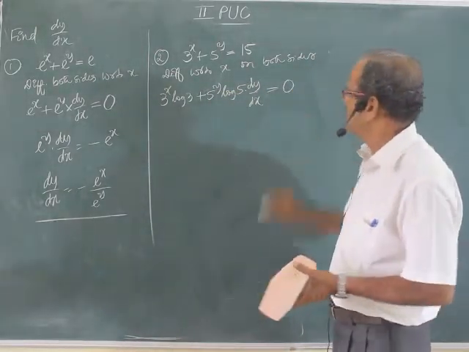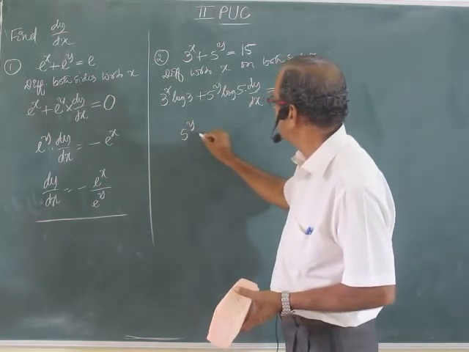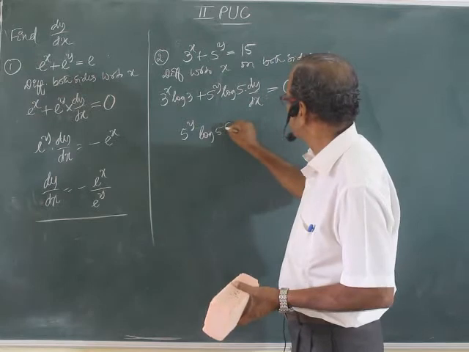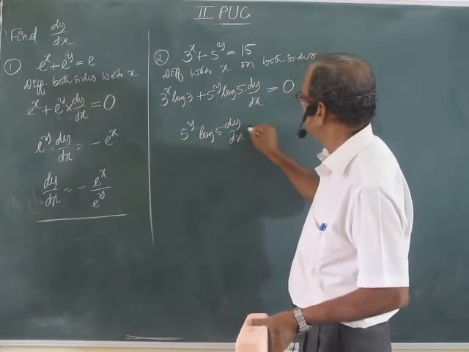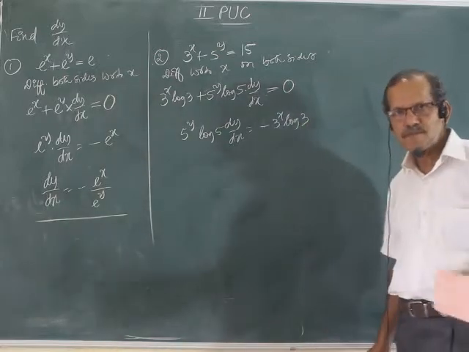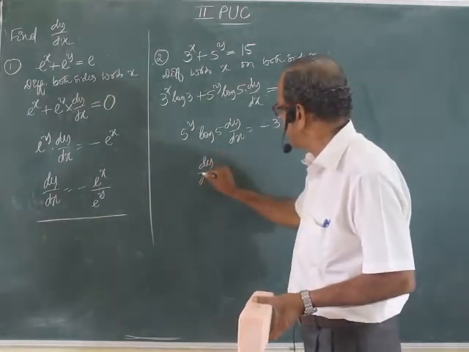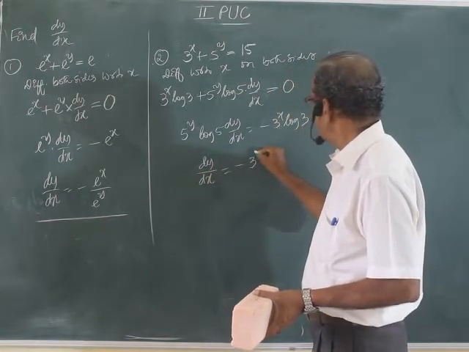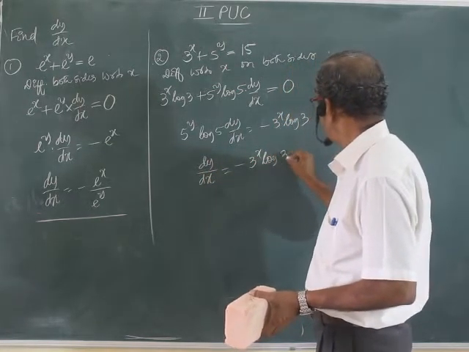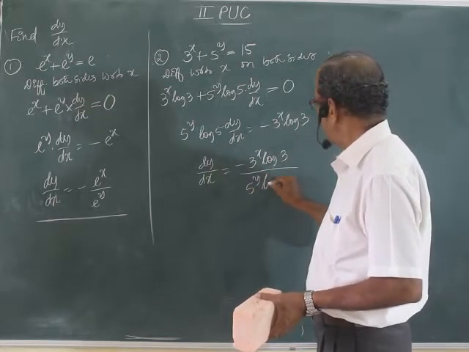Equal to 0. So, this is the term containing dy by dx, equal to minus of 3 to the power x log 3. Or dy by dx equal to minus 3 to the power x log 3 divided by 5 to the power y log 5.